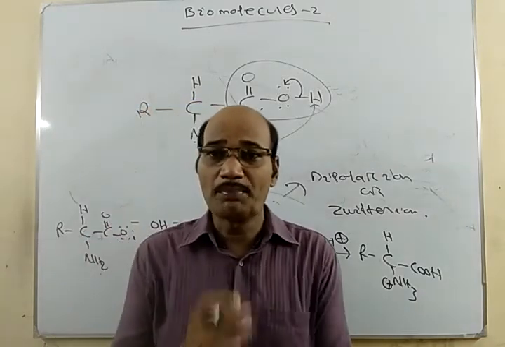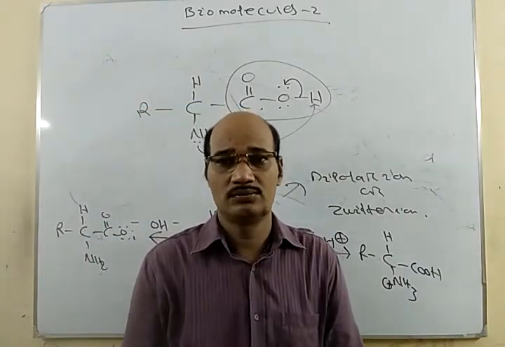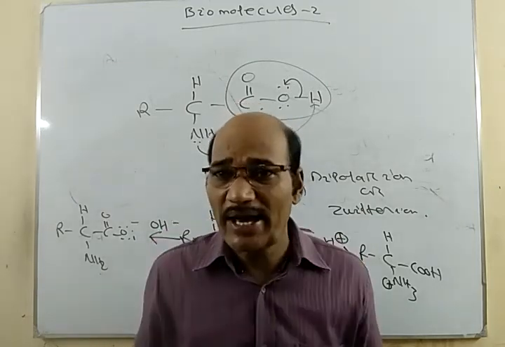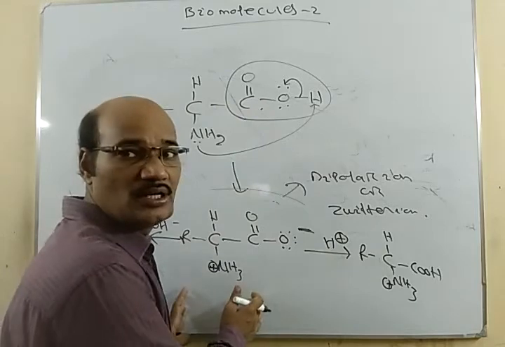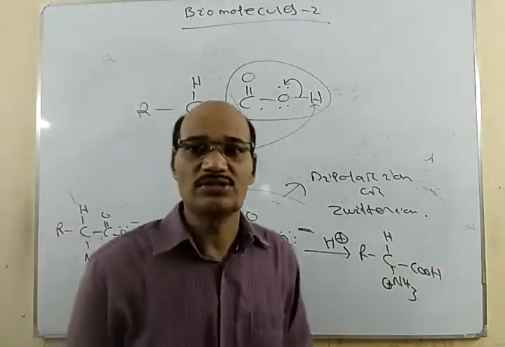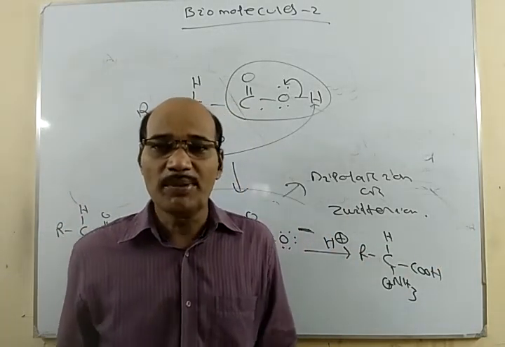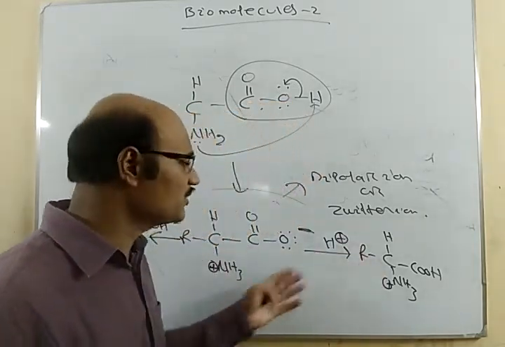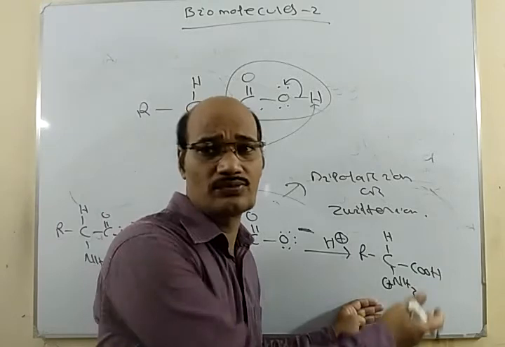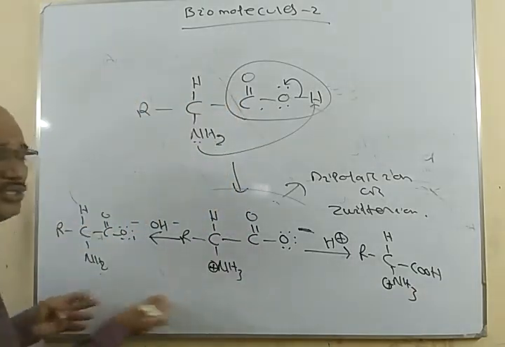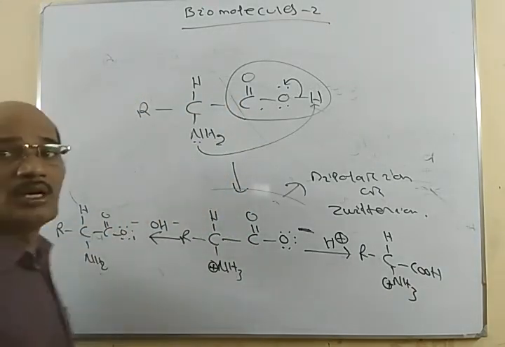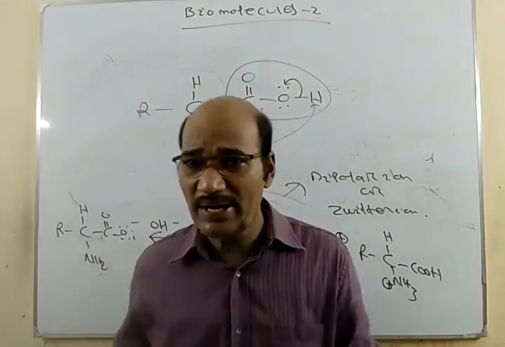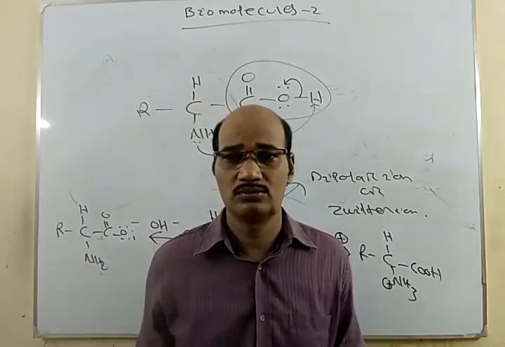But at a particular pH value, there is no migration of the alpha amino acid either towards the cathode or the anode, because the migration depends on the pH value. If more acidic, migration is towards the cathode. If more alkaline, migration is towards the anode. But at a certain pH value, the alpha amino acid does not migrate towards any electrode.